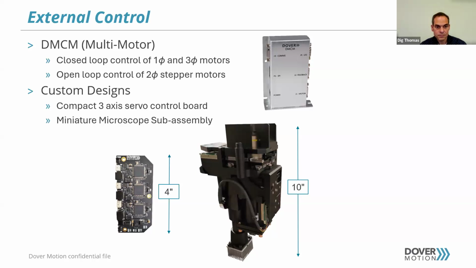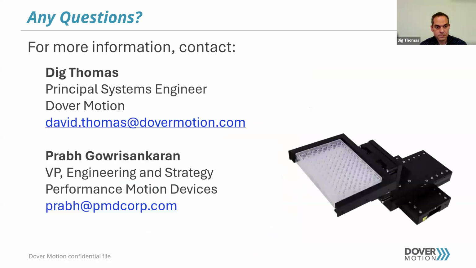In addition, we can do the on-axis moving controls boards, but we've also got multi-axis, application-specific assemblies where it makes sense. And we're showing an example of a 3-axis servo board there as well on the left.